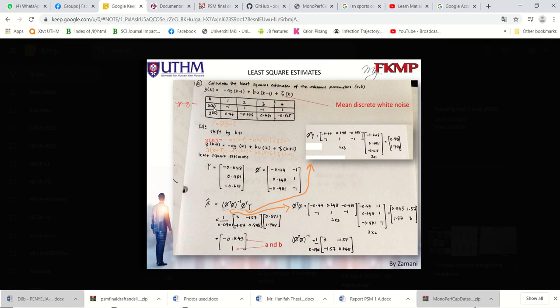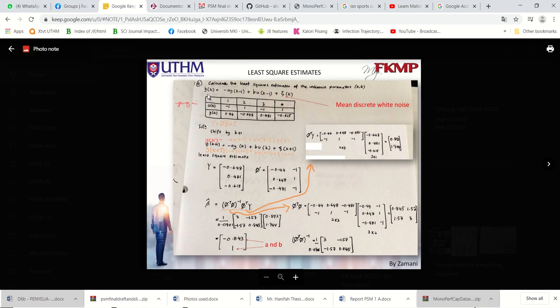See, we have U and also we have Y, the input and the output. So the input has four values: -1, 1, -1, 1, and the value of Y, four values also. Okay, so finally we will get this value of A and B from this general equation given.